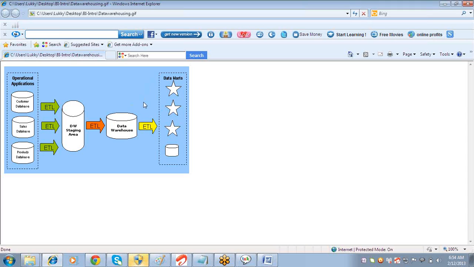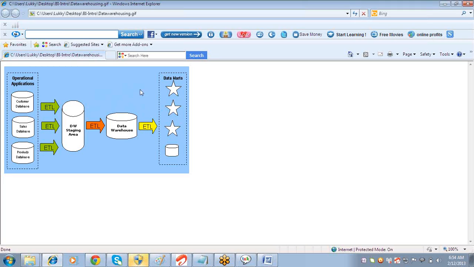We have two languages, actually three. One is SQL Server, which helps us communicate with the SQL Server relational database management system. And the other one is MDX, in the sense multi-dimensional expressions. It is a language which we use to query the cubes. We'll talk about the cubes later. Let me not confuse you.